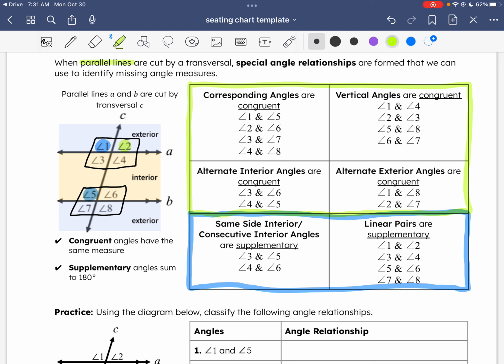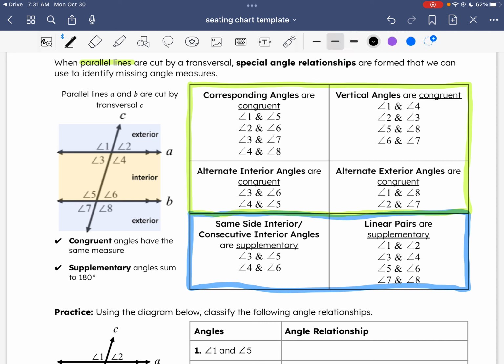Angle 2 is in the top right and angle 6 is in the top right. Those are corresponding. Angle 3 is in the bottom left, angle 7 is in the bottom left, so those are corresponding. Angle 4 is in the bottom right, and angle 8 is in the bottom right. So those are corresponding, and because those angles are corresponding, it proves that they are congruent angles.